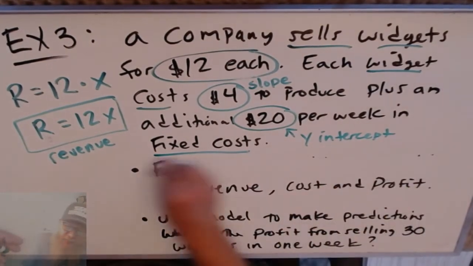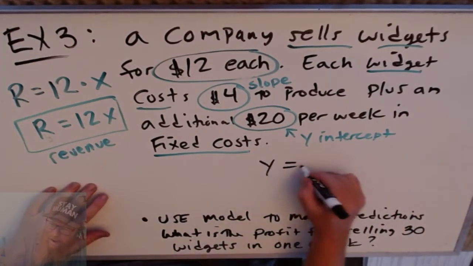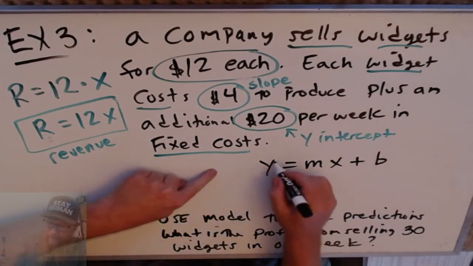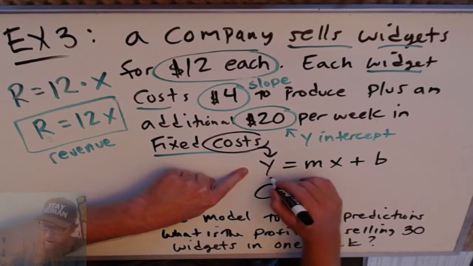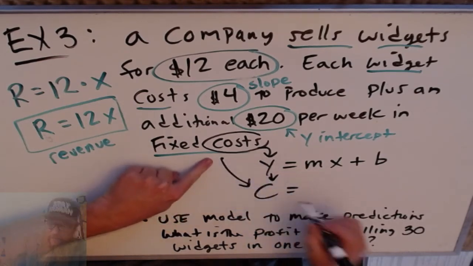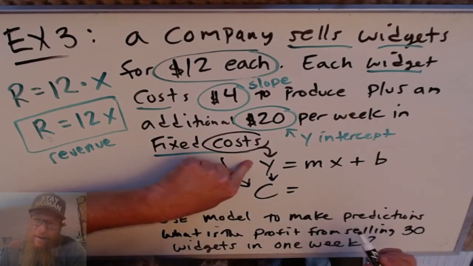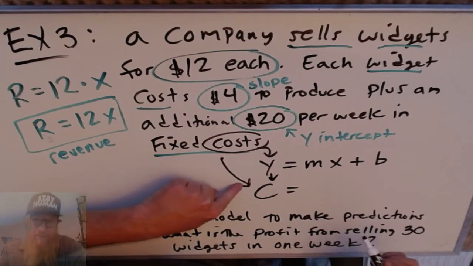So when you find your linear model, it's essentially y equals mx plus b. We're not using the letter y, though. We're using C for y. You can still use y if you insist, but since it's replacing cost, I'm going to call it C for cost so I remember.